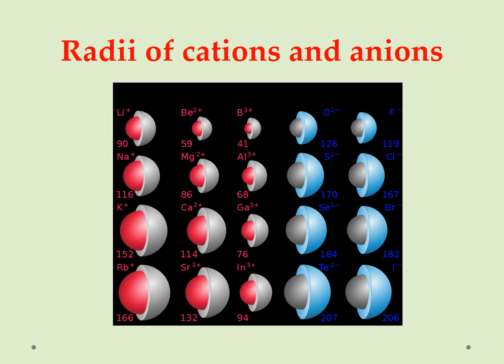The radius of the anion is greater than the radius of the cation because there is an excess of electrons in the anion and a deficiency in the cation. The red balls are the cations and the blue balls are the anions, and you can see that of course the anions are bigger than cations.